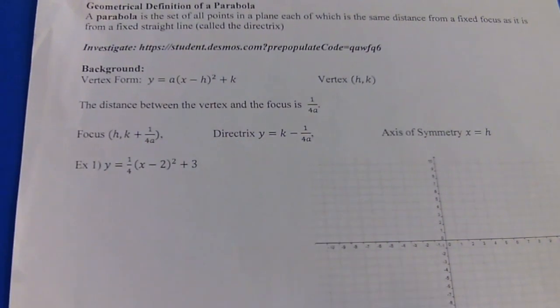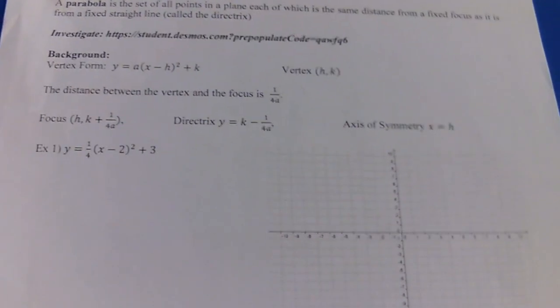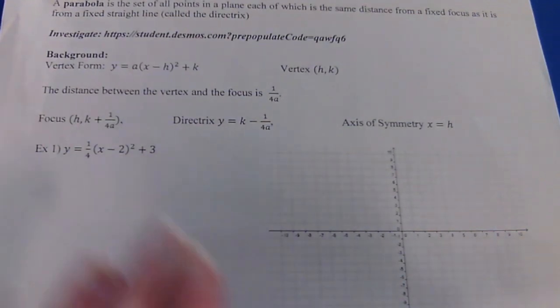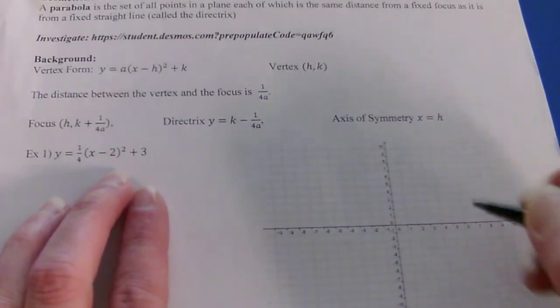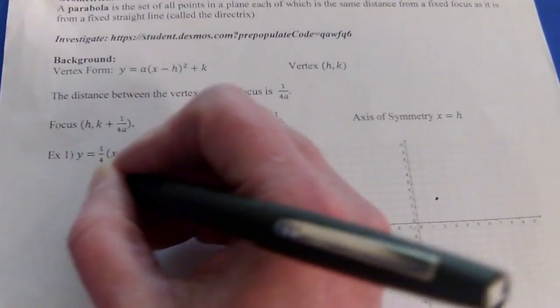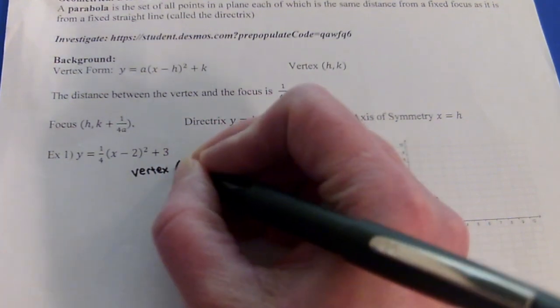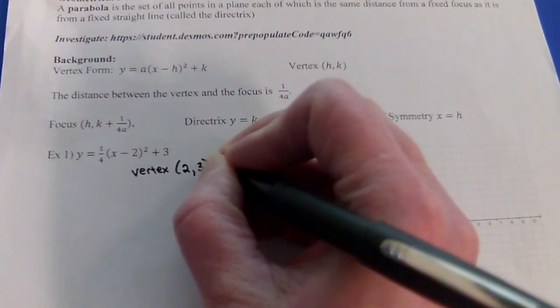Okay, so this was our traditional way of graphing a parabola. This one is moved right 2, up 3, so my vertex is at (2, 3).